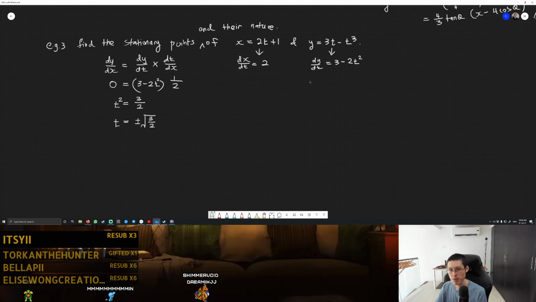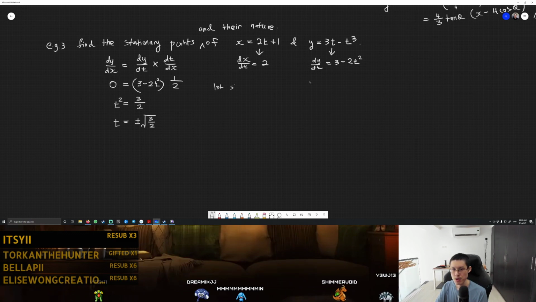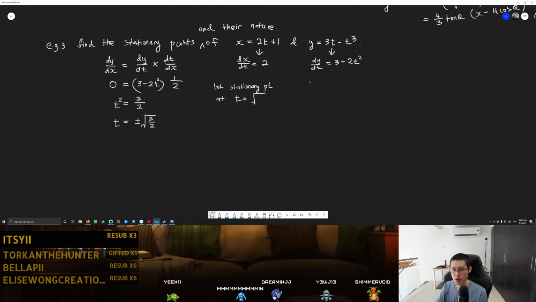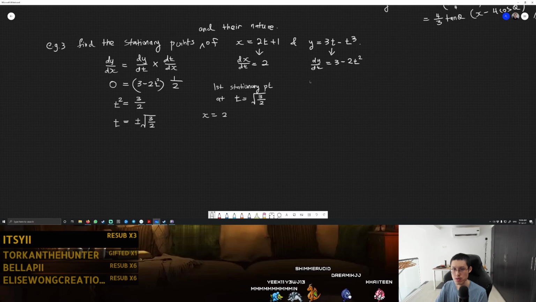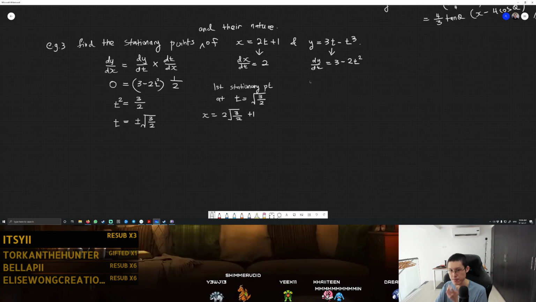So we actually have two stationary points. The first stationary point, okay, let me just write here, is at t equals positive square root of 3 over 2, which means x must be equal to 2 times square root of 3 over 2, plus 1.